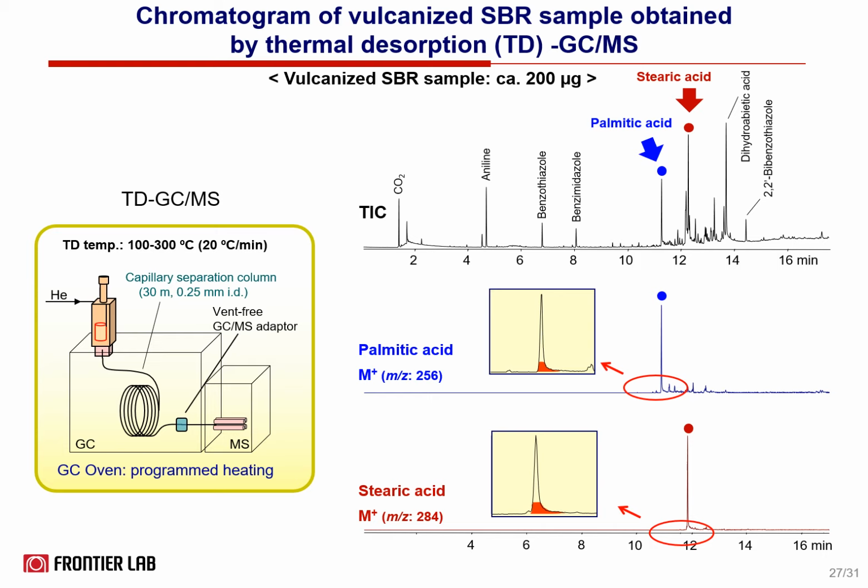Based on the results of EGA, the TD temperature was set from 100 to 300 degrees C. The top row shows the TIC, the middle shows EIC of the molecular ion of pyrolytic acid, and the bottom shows EIC of the molecular ion of stearic acid. As can be seen from the chromatograms, the peaks of palmitic acid and stearic acid are tailing.